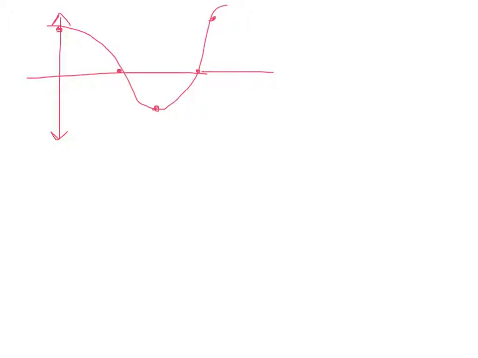Okay, cosine. You know, the cosine graph starts here, back here, and it looks something like this. Well, if we did the horizontal line test, again, the cosine graph would not be a function. Oh, this is 0, pi over 2, pi, 3 pi over 2, and then 2 pi.